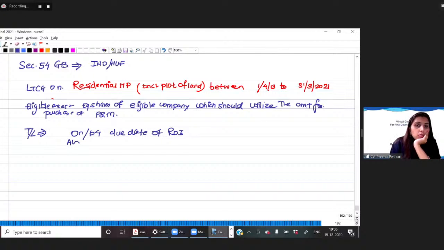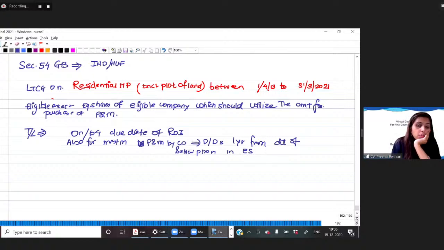Also, for investment in machinery by the company, due date is 1 year from date of subscription in equity shares by the SSE.